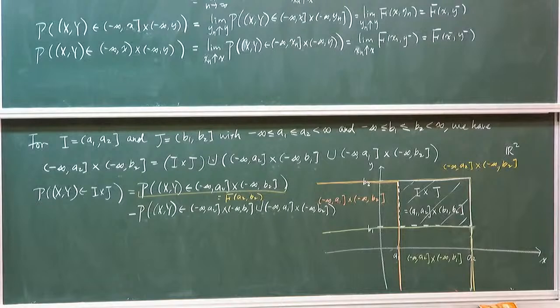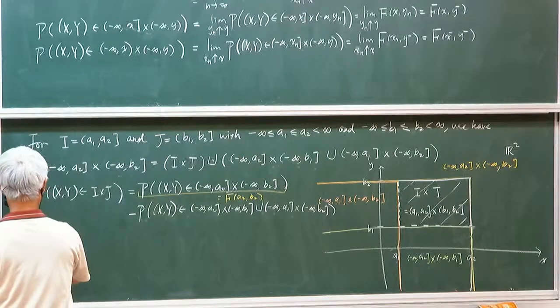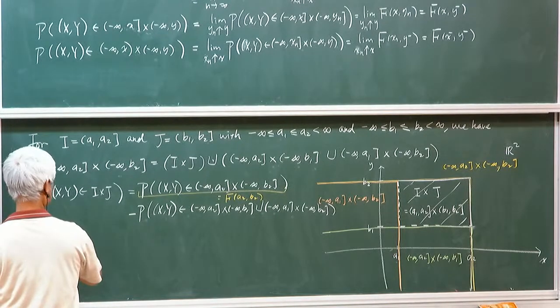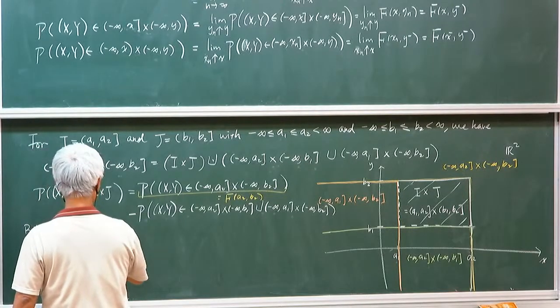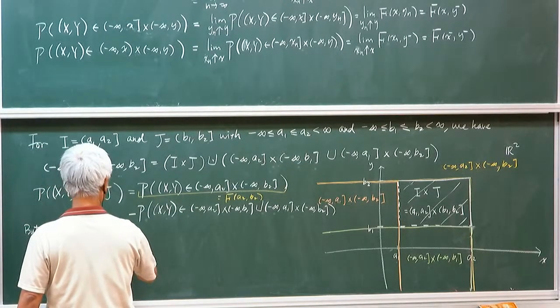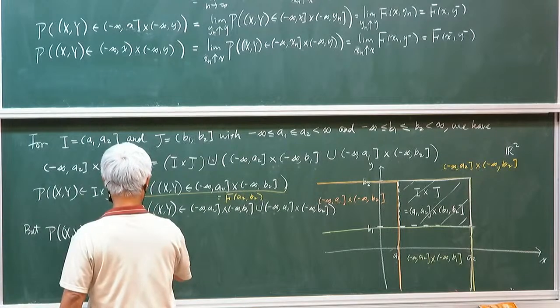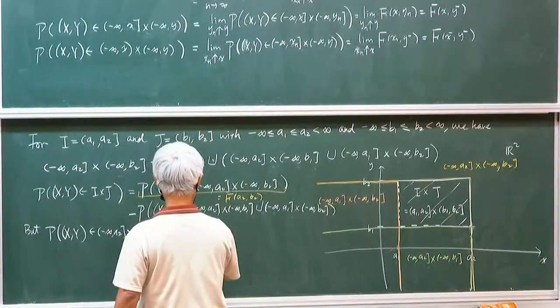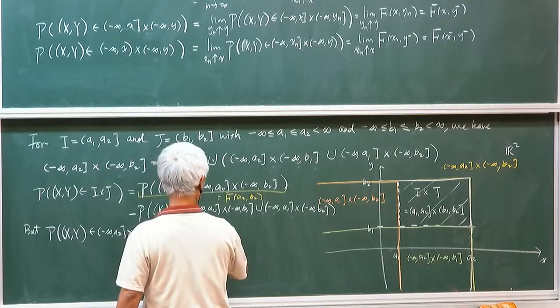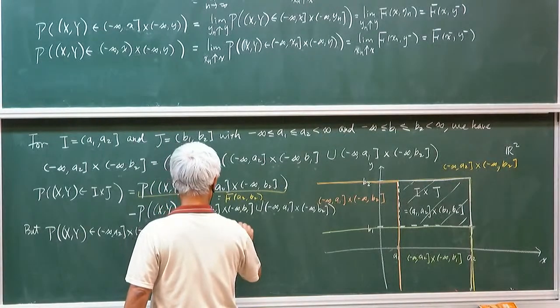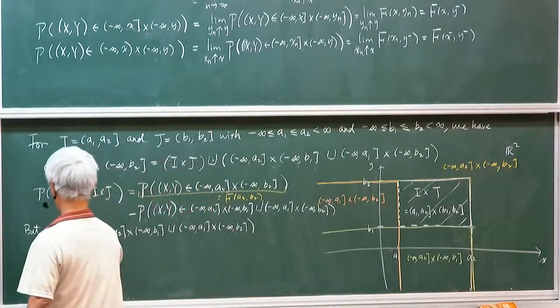The random vector is in this union. Okay.